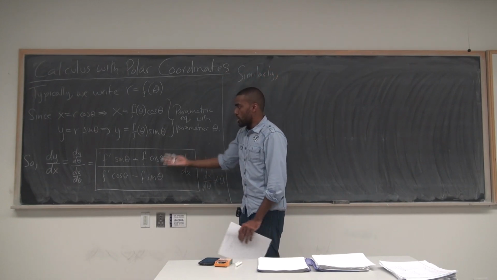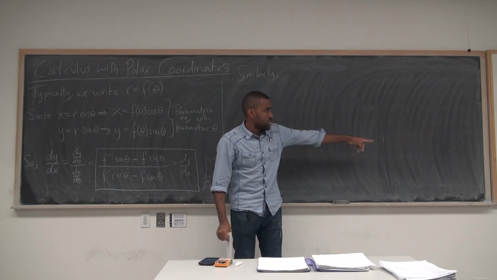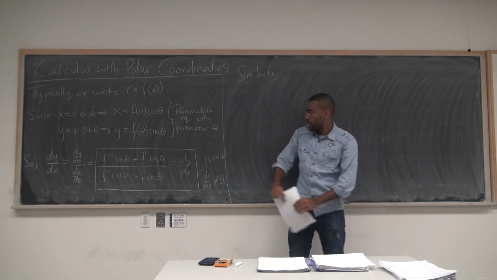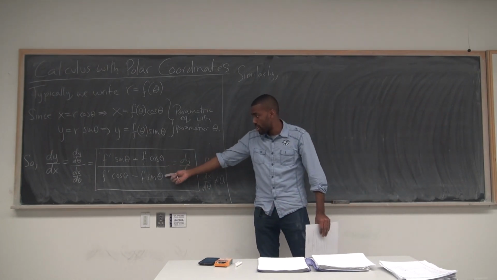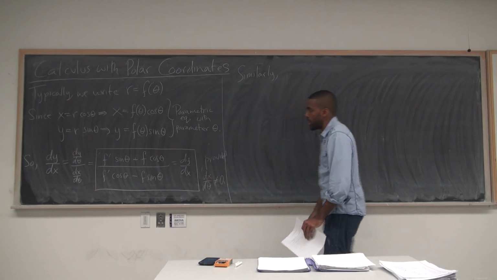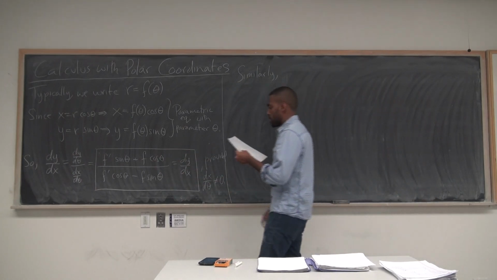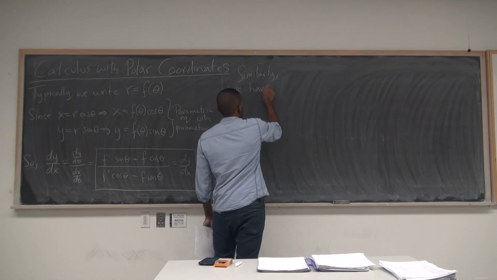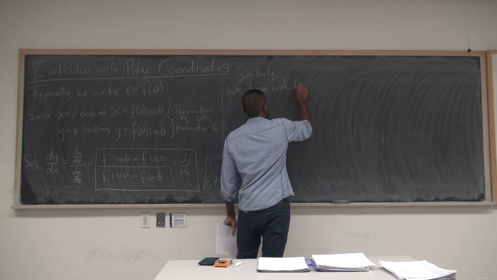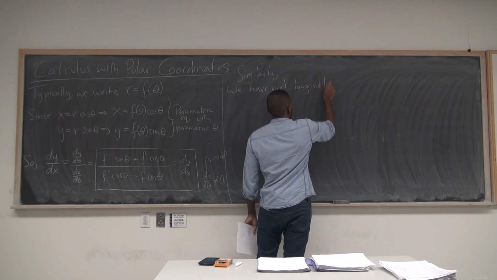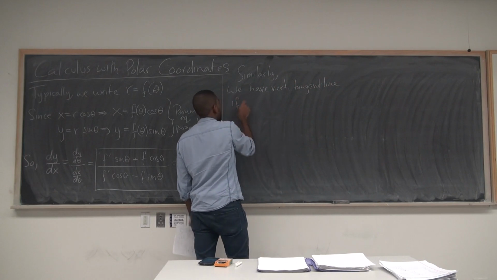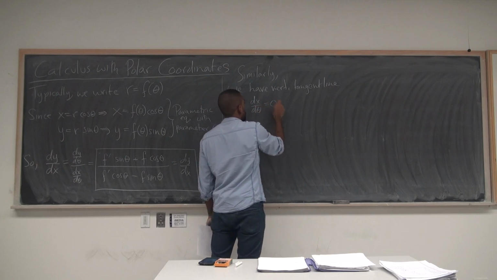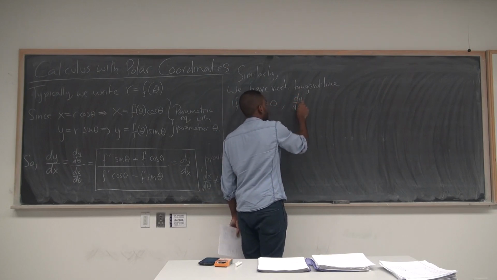And by the way, this would be what the derivative looks like for the pictures that I was drawing. So if I wanted to find out the slope on these petals that I drew, this would be the formula I would use. Depending on what my theta value is, I can figure out what my derivative is. So similarly, we have a vertical tangent line, just where you expect, if dx/d theta equals 0 and dy/d theta is not 0 at the same time.